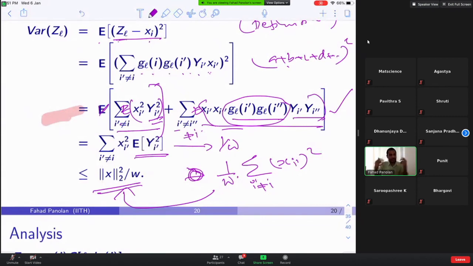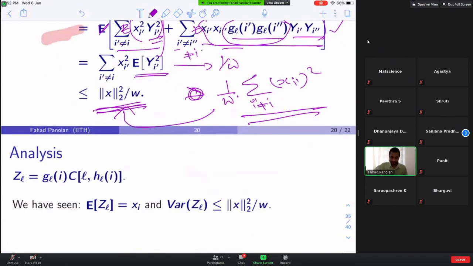This is upper bounded by, so you will have a square here. That is what I mean by how much. This quantity, like L2 norm square, because that square root is not there. So it is L2 norm square of X divided by W.